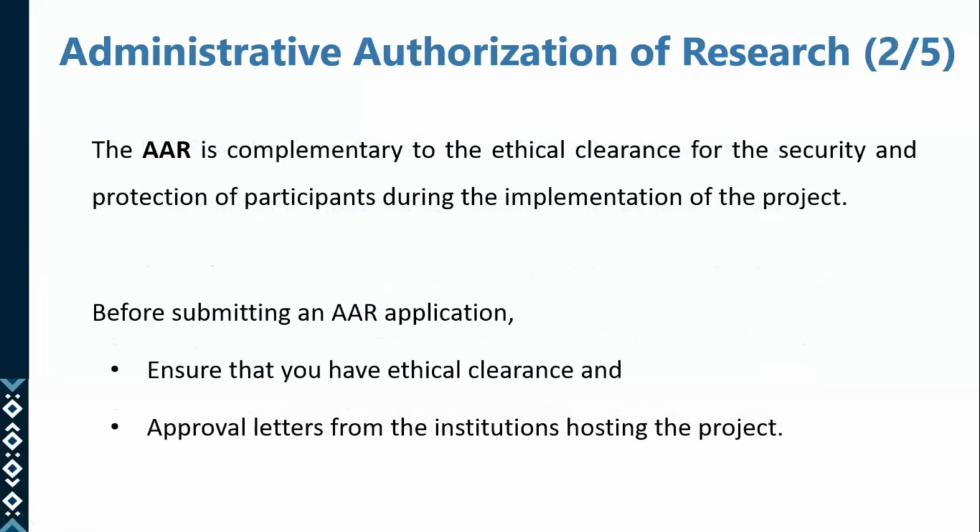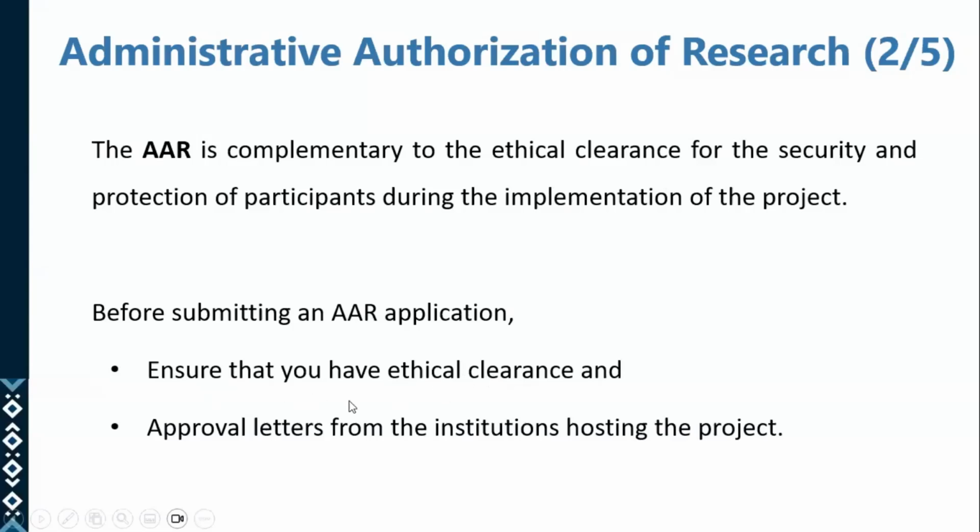So the administrative authorization of research, you can also see it as ARA, Administrative Research Authorization. It is complementary to the ethical clearance. So when you have it, you are adding value to the ethical clearance you obtained for the security and protection of participants during the implementation of your project. So before you submit your project for an ARA application, ensure that you have ethical clearance.